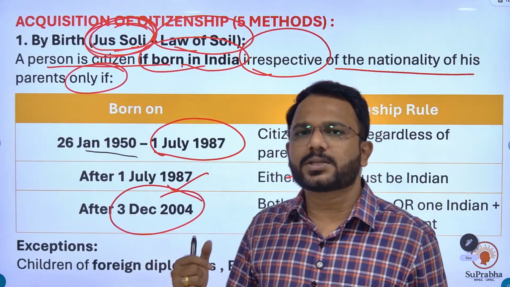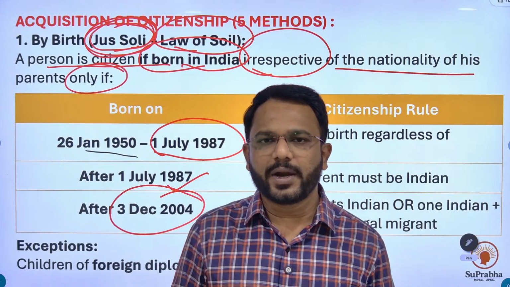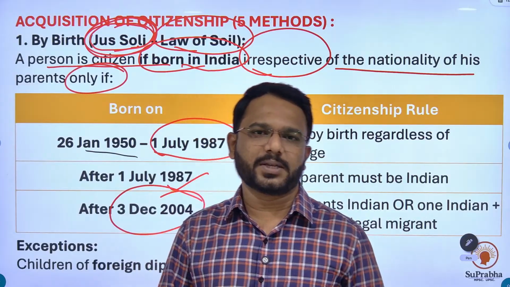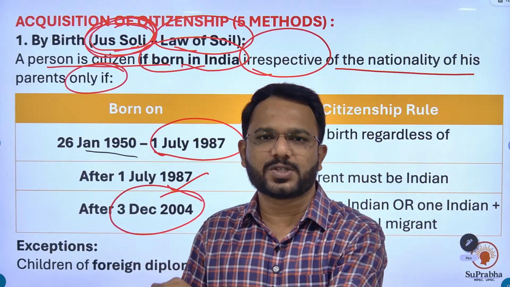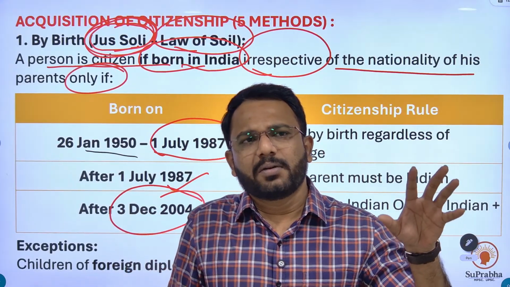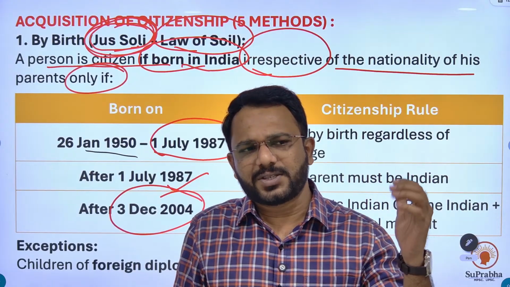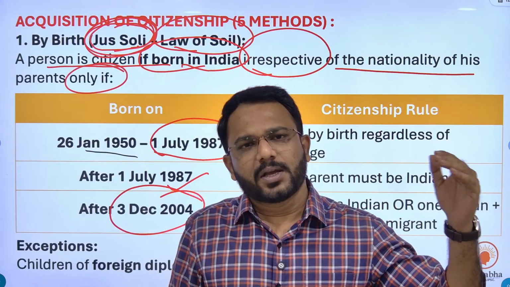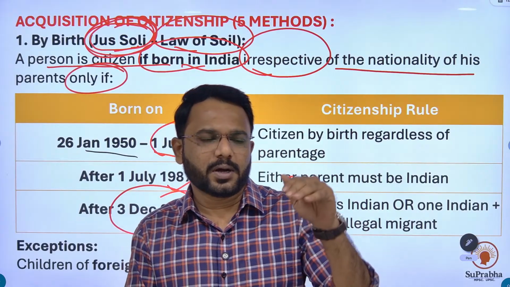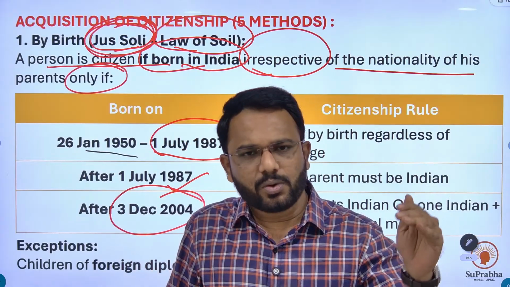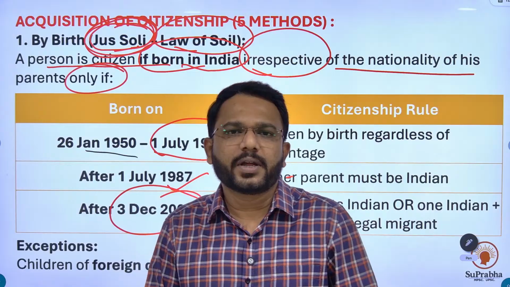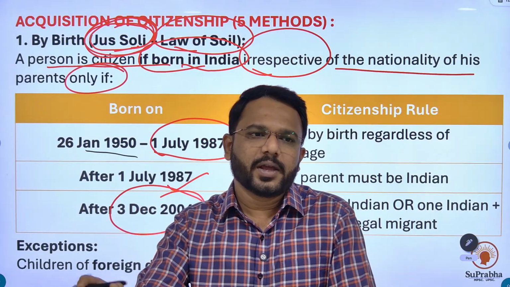So why were these conditions introduced later? Because there was a phenomenon going on in the border areas with Pakistan, West Pakistan as well as East Pakistan, which today is known as Bangladesh. The militants, terrorists or anti-nationals in Pakistan would get married to a number of girls, make the girl pregnant, slowly cross the Indian border, and place the girl in Indian territory.